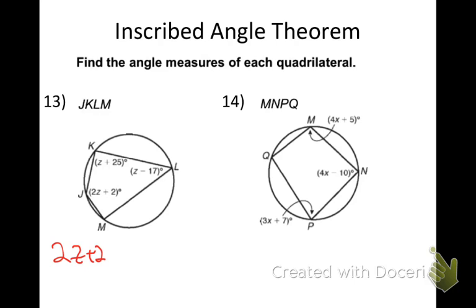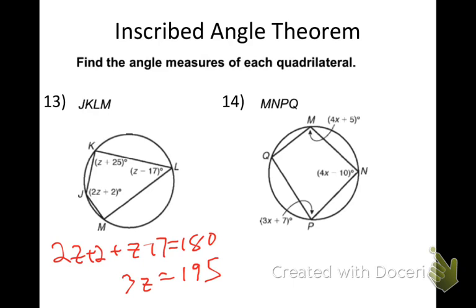So 2z plus 2 plus z minus 17 equals 180. You end up with, what is it, 3z equals 195, because you have to add the 15 to the other side.